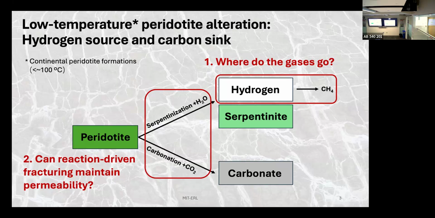There is a popular theory that this volume increase can cause fractures in peridotite, which can enhance the permeability in these rocks. This so-called reaction-driven fracturing can keep the permeability in these formations and eventually lead to the progression of these reactions to completeness. This is the second scientific question I want to address in my talk.